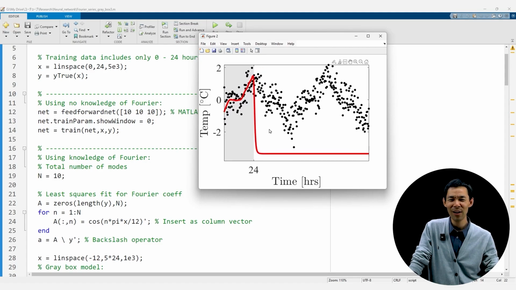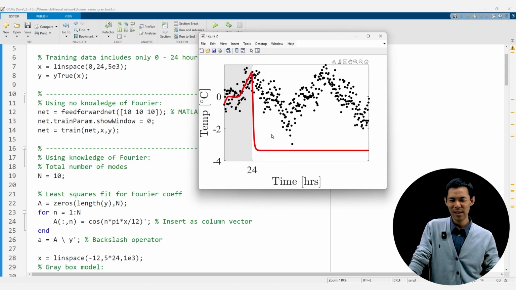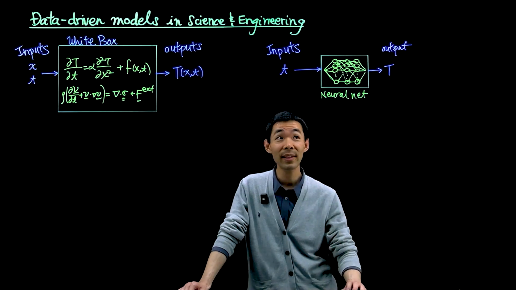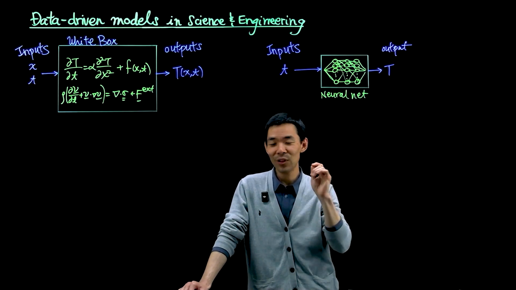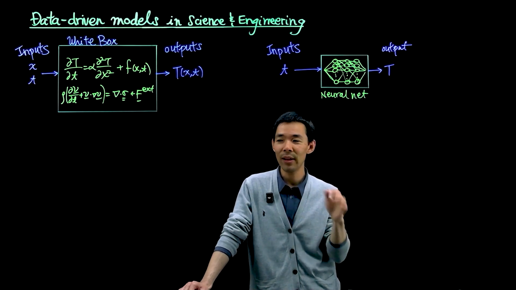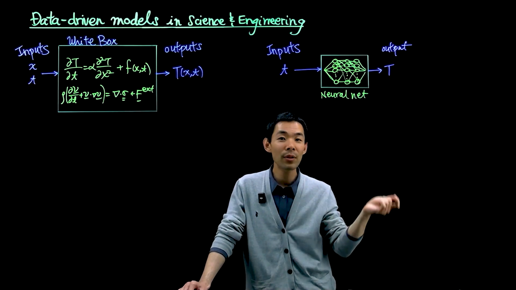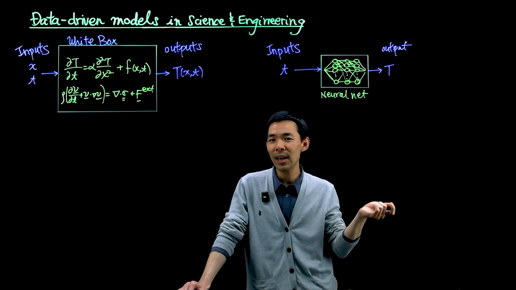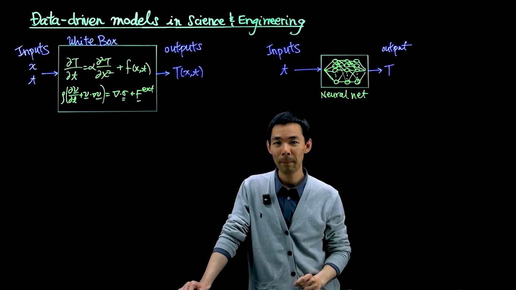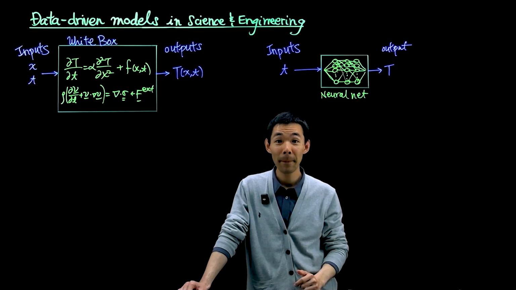It's going way down to a nonsensical value that doesn't even go through the data at all for tomorrow's temperature. Once again, this neural network is just taking numbers in, numbers out. It knows zero physics. It doesn't even know that tomorrow's temperature is roughly going to be the same as today's temperature. It doesn't know any physics at all.